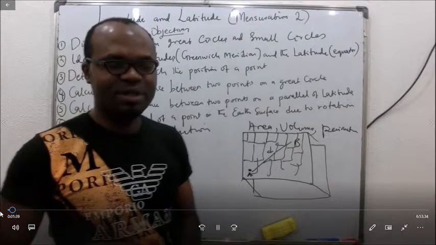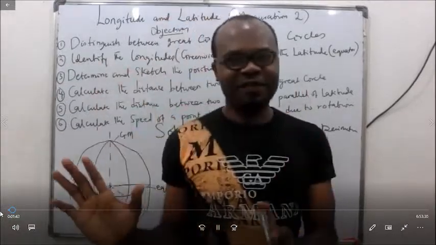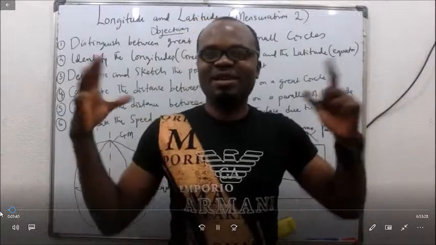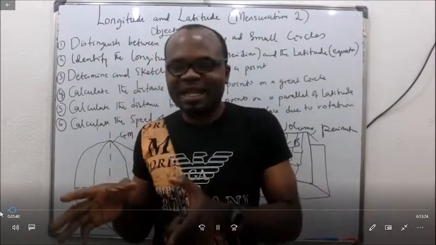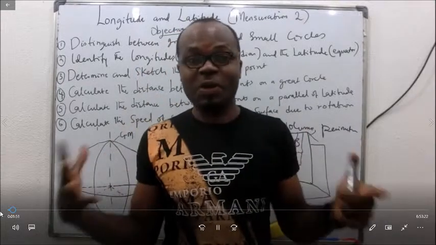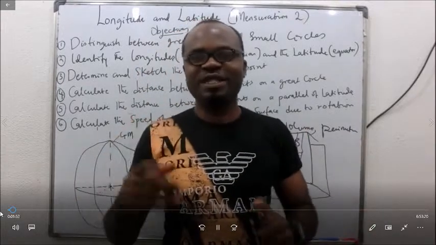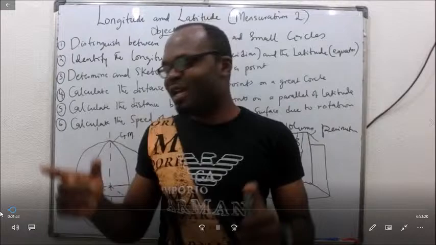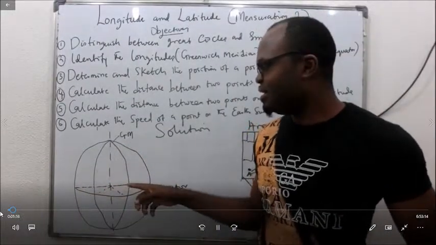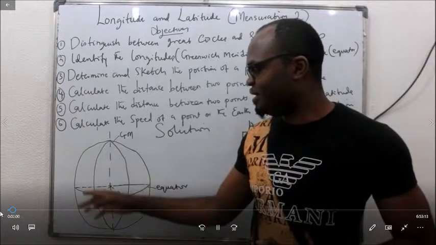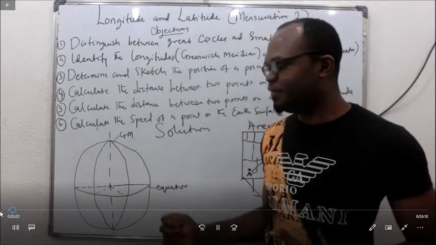But now, when you're looking at the Earth surface, you're not talking about any other object. You're not talking about a square. You're not talking about a rectangle. You're not talking about a cone. Now you're considering the Earth surface. This is the shape of the Earth. It's a sphere. The Earth is spherical.